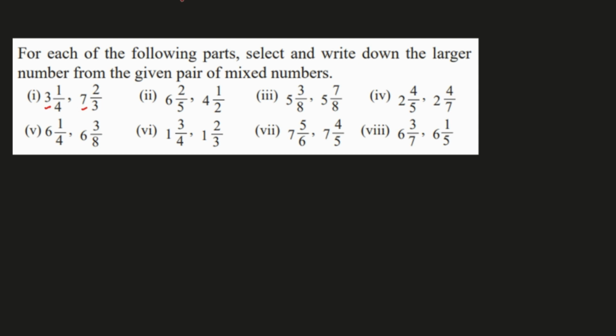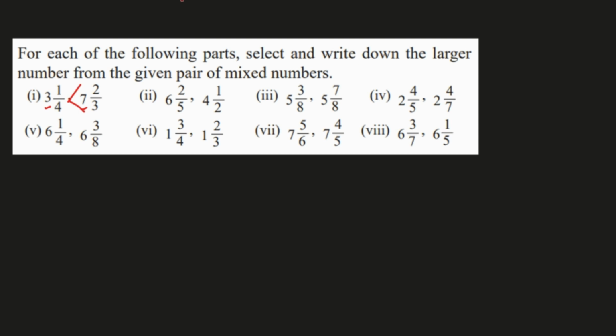So the larger fraction will be definitely which owns the largest whole number part. So you know that 7 is greater than 3. So in that case, you can simply write that 7 and 2 upon 3 is greater than 3 and 1 upon 4. So it's easy.